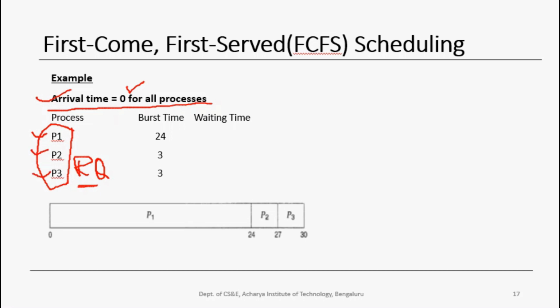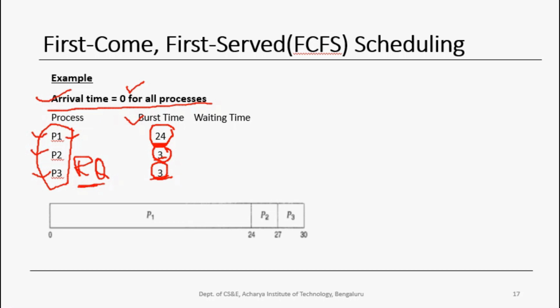Now these three processes are present in the ready queue, and with each process I have attached a CPU burst time. You know that every process will have multiple CPU bursts and multiple IO bursts. For simplicity, to understand this algorithm better, we have associated only one CPU burst time with each of these processes.